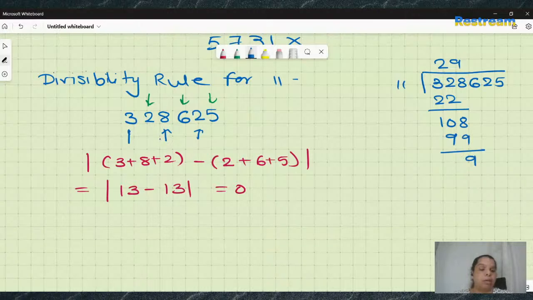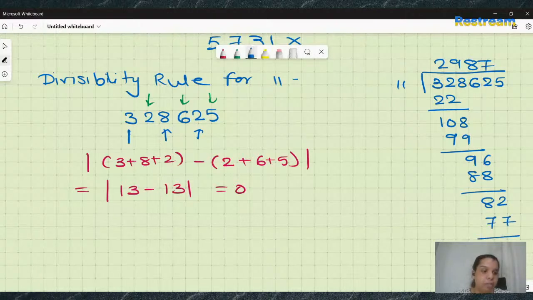So 9 comes down, 6. 11 times 8 is 88. 8 comes down, 2. 11 times 7 is 77. 5 comes down, 5, and 11 times 5 is 55. Okay, so this number is divisible by 11.